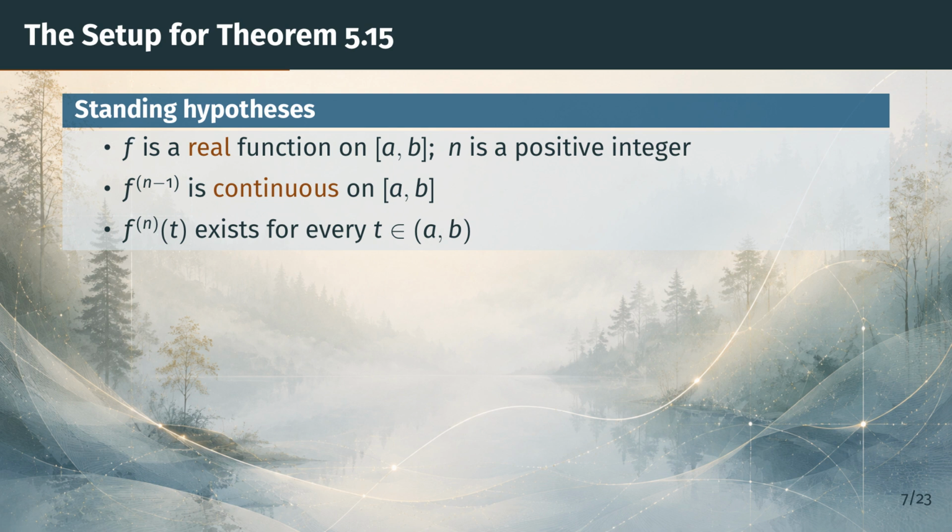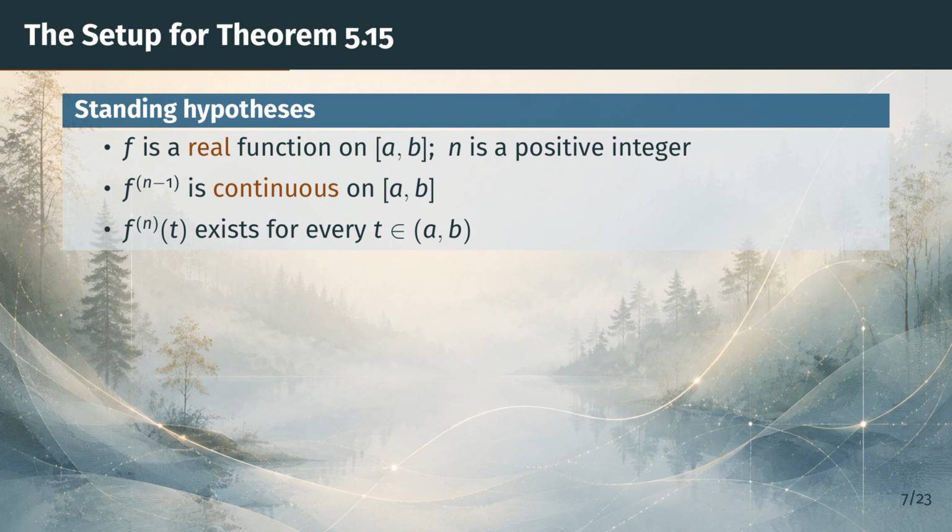Second, the derivative of order n minus 1 exists and is continuous on the whole closed interval, endpoints included. Third, the derivative of order n is required to exist only at interior points, and nothing is said about its continuity. Recall from the previous episode that this already forces all the lower floors of the tower of derivatives to behave well.